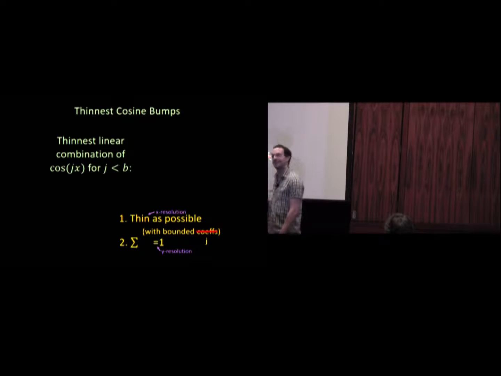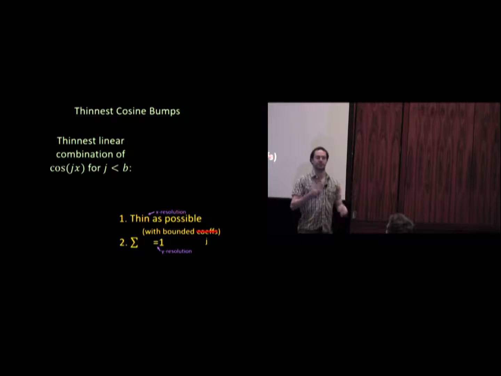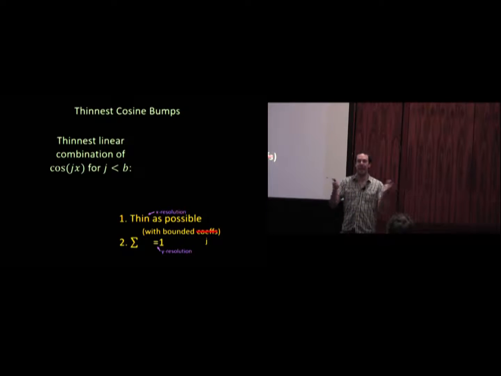You guys are so quiet. How can you get the thinnest possible combination? Like roughly how thin is the thinnest possible combination of the first b cosine functions? Well, what can you do with cosine?